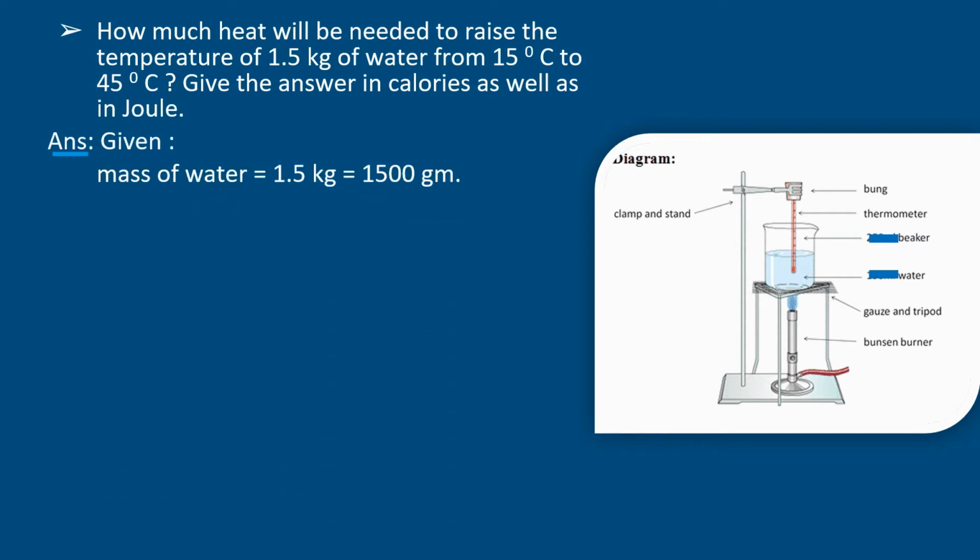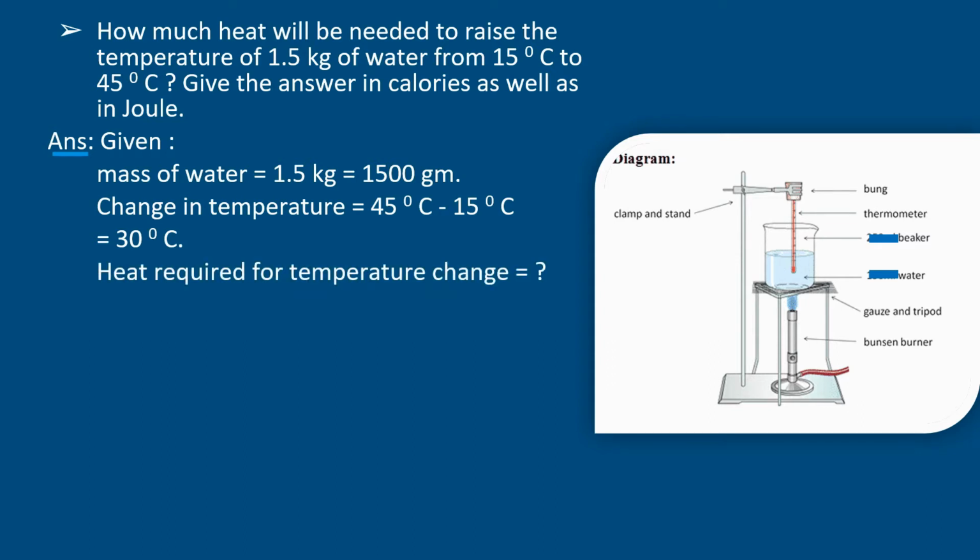Given that we have the mass of water, 1.5 kg, we convert from kg to gram by multiplying by 1000. So we have 1500 gram. Then the change in temperature is equal to 45 degrees Celsius minus 15 degrees Celsius. So this is initial and final. Change in temperature is final temperature minus initial temperature.